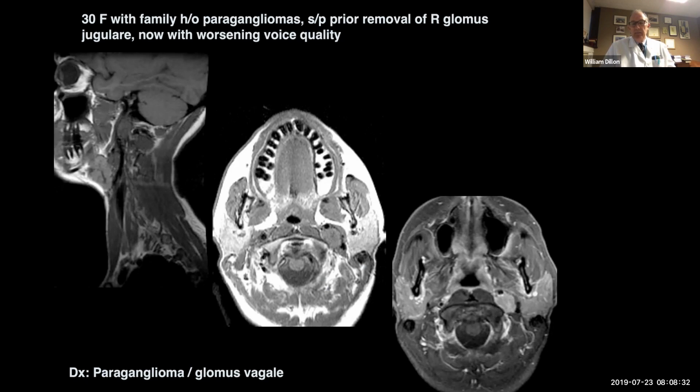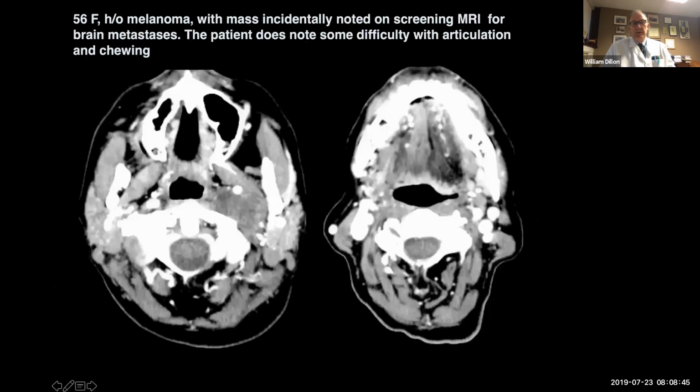So classic mass in that location. And you notice it's different than the deep lobe of the parotid, because the carotid arteries aren't pushed back by the deep lobe, but actually pushed forward by the mass in the carotid space.